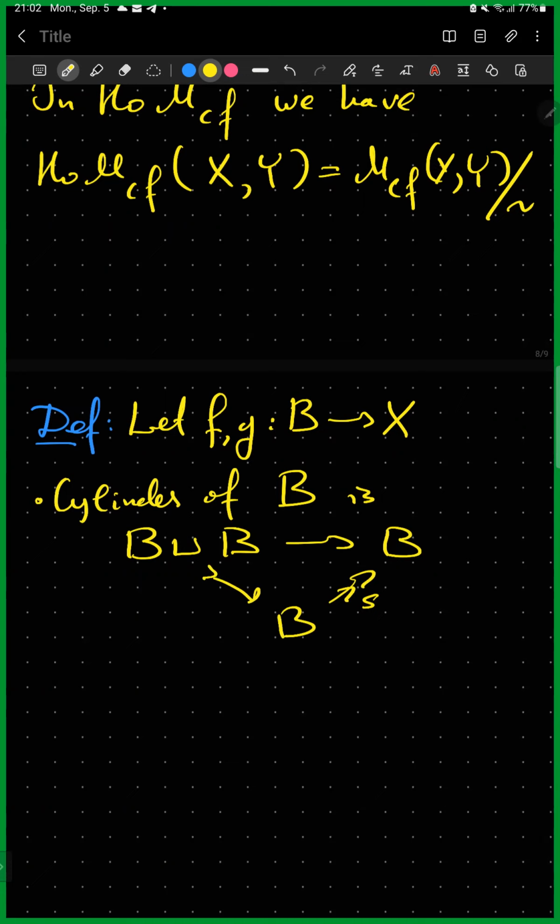So this should be denoted by B times I. So since the factorization is canonical, we have a unique such object.